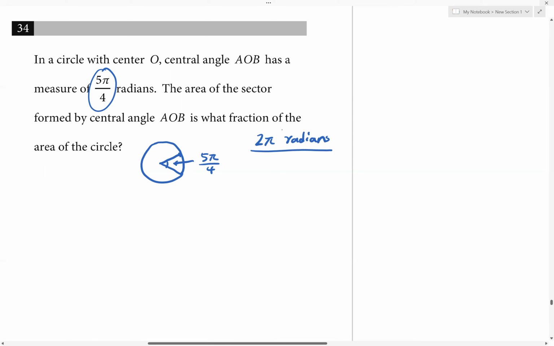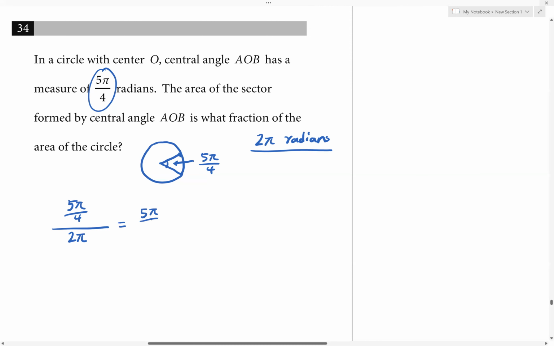The angle is 5 pi over 4 and the whole circle is 2 pi, so to figure out the fraction of the sector area compared to the whole area of the circle, we can just take the central angle 5 pi over 4 and divide it by the whole angle measure of the circle, which is 2 pi. And that should give us a fraction here. So we're going to do that.